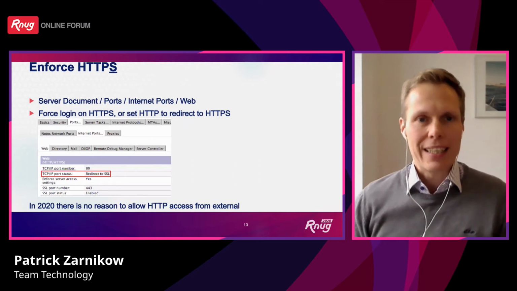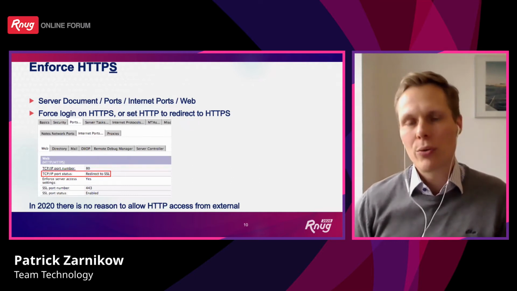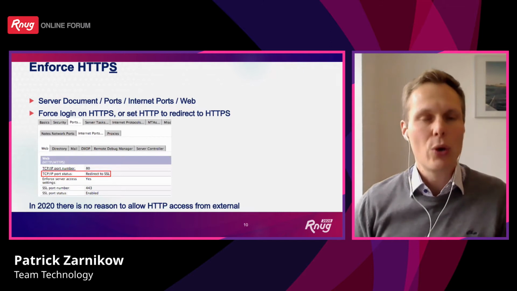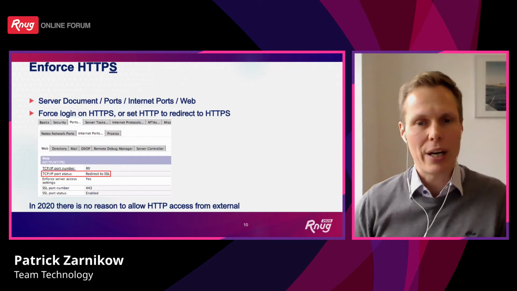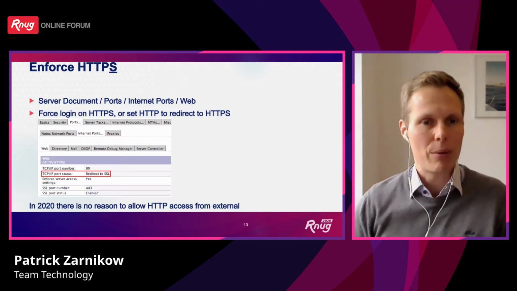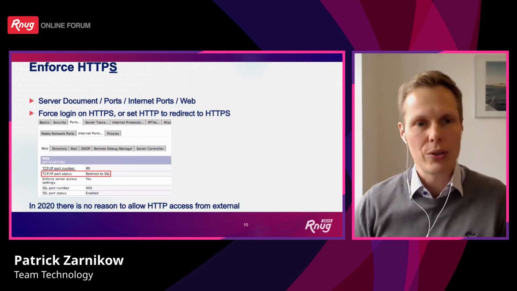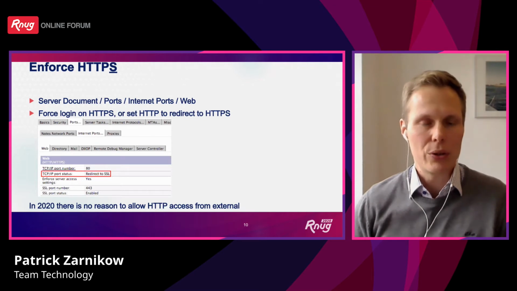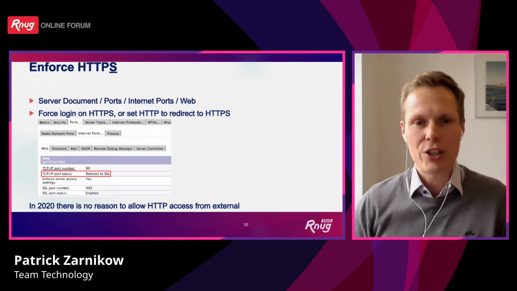Further on, enforcing HTTPS: we don't want to reach our web servers insecurely via HTTP if we provide authentication or access to some data from our company to the users out there or your employees out there. So in the server document, ports, internet ports, web, we have another setting to force the login on HTTPS.